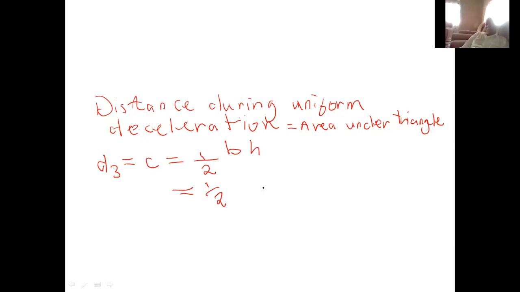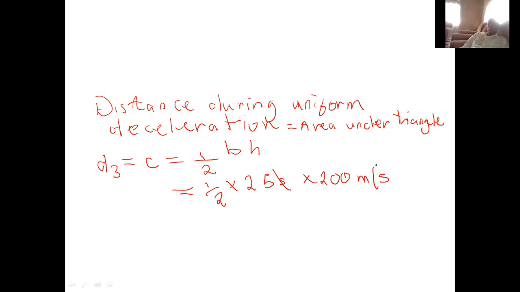And we know that after the constant speed, it took 25 seconds. So our breadth is 25 seconds multiplied by our height, which is 200 meters per second.